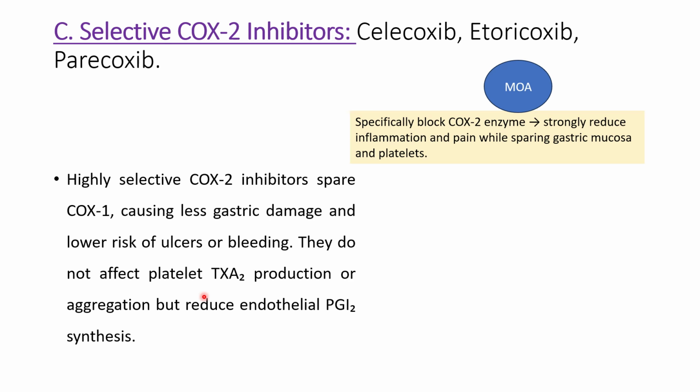They do not have an effect on platelet activation or aggregation, but reduce the endothelial PGI synthesis. So basically this selective COX-2 inhibitor has the advantage that it will spare the gastric mucosa irritation, and there will be no effect on the platelet.